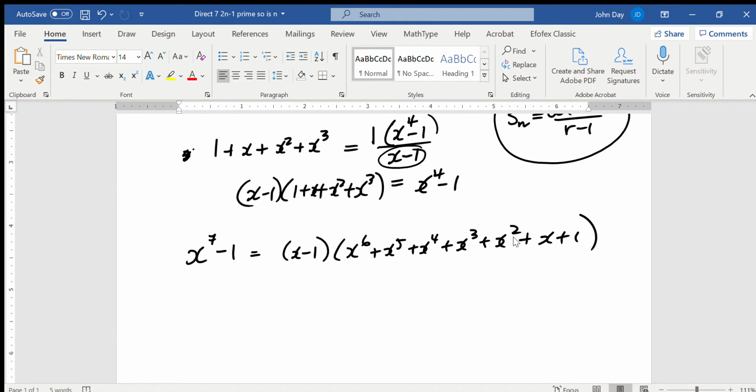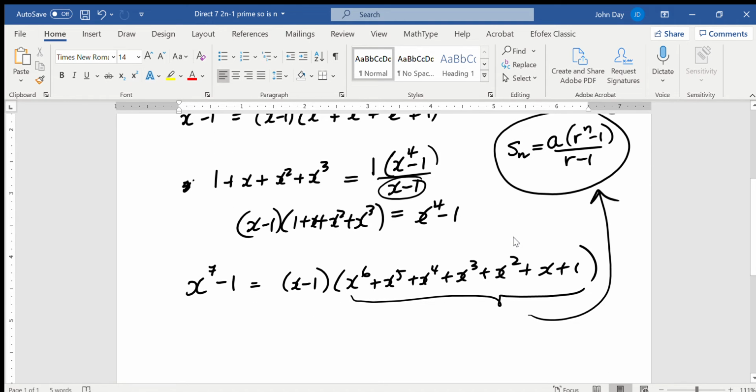That's because of summing up the series using this formula: 1 times (x to the 7 minus 1) over (x minus 1) is equal to that series, and then rearranging it, I'd get that identity.